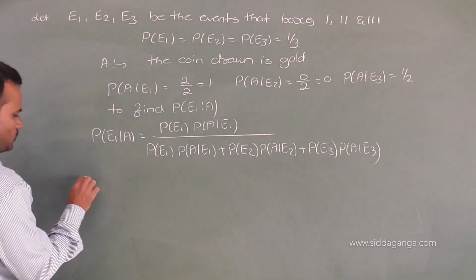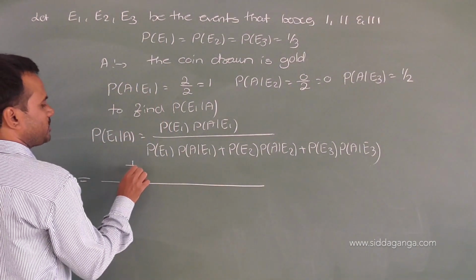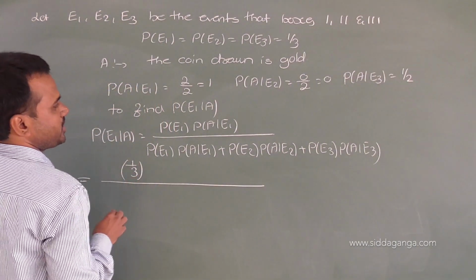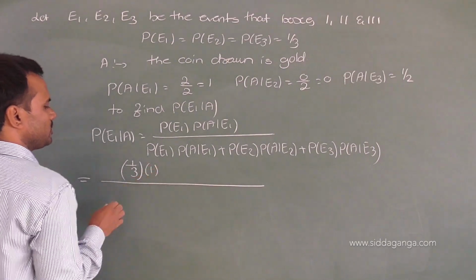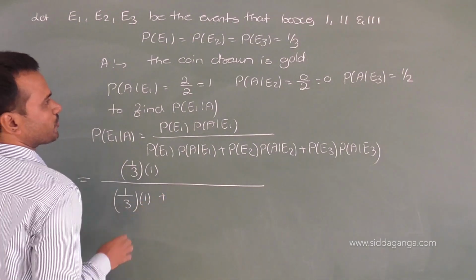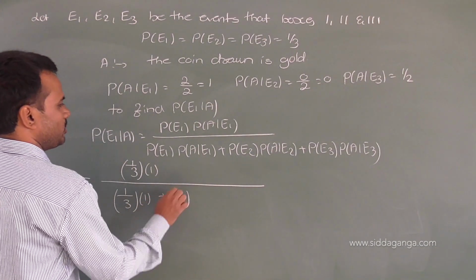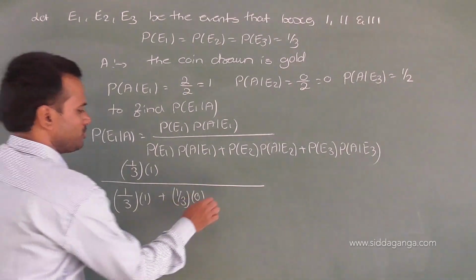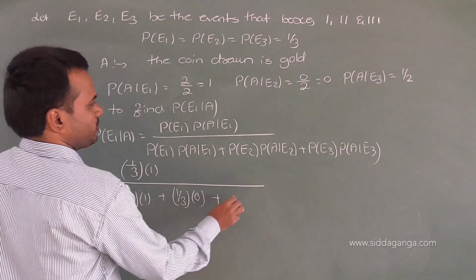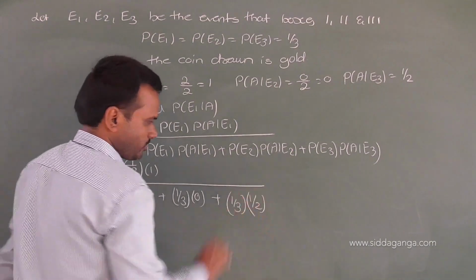Substitute all the values. So, P of E1, 1 by 3, into P of A given E1, which is 1, plus P of E2, 1 by 3, into P of A given E2, 0, lucky number, plus P of E3, 1 by 3, into 1 by 2.